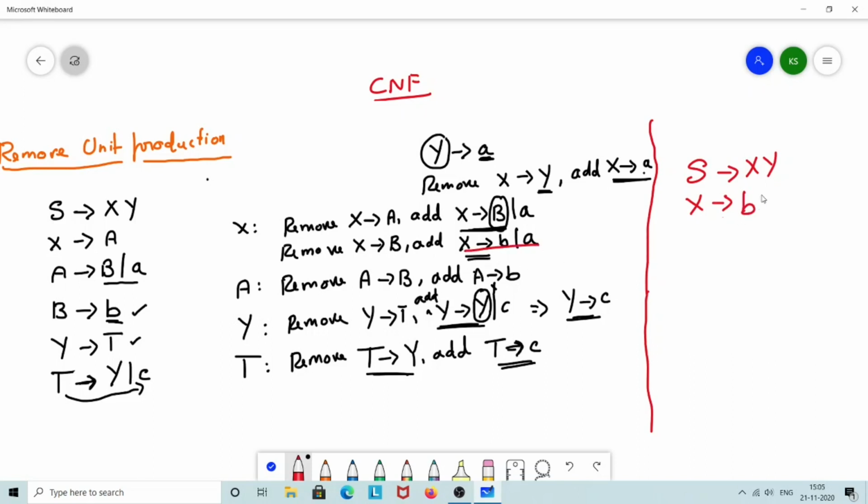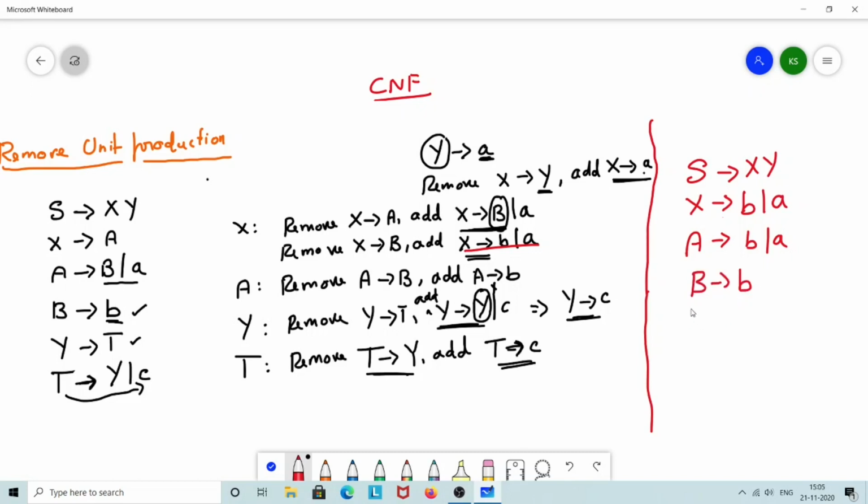It gives B or A. Then A gives B or A. Then the B rule will remain as it is.